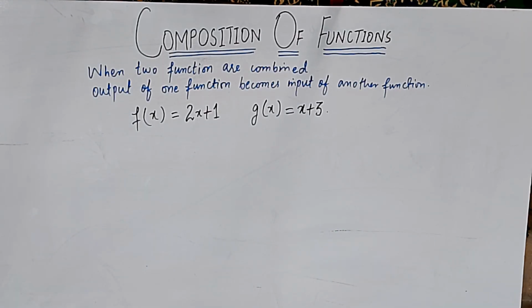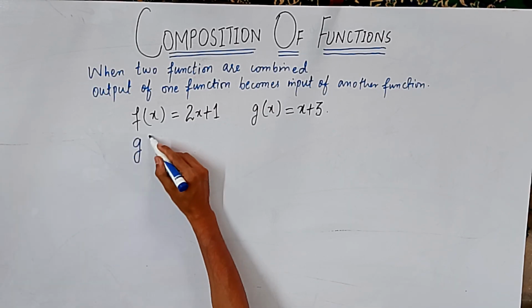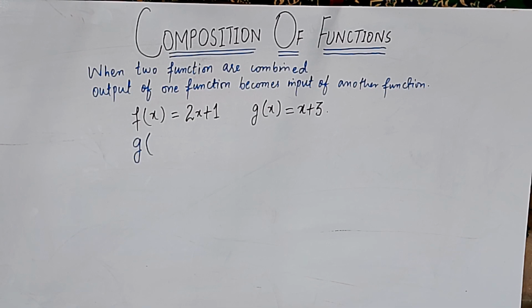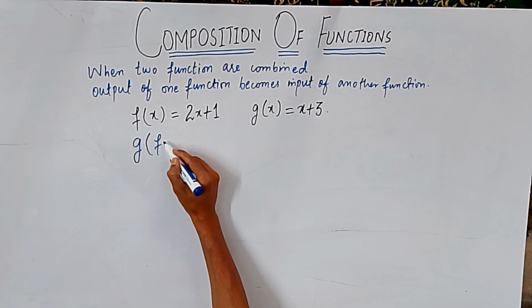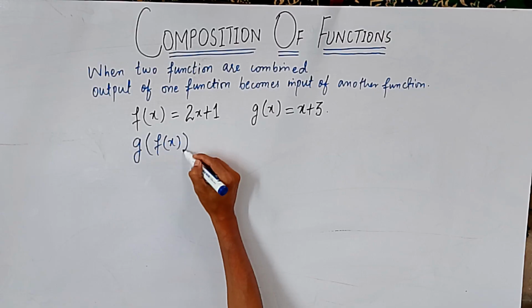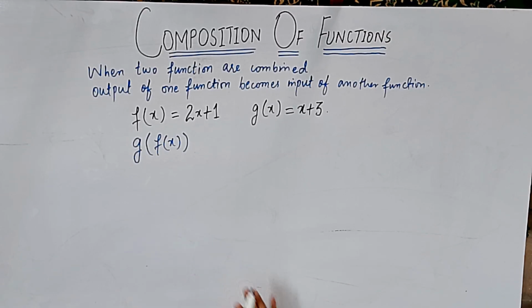First of all, you need to understand how to write composite functions. Whenever you want to write a composite function, there are multiple ways, but we will see two ways over here, that is, how to notate it or how to represent it. One is like this: g(f(x)).